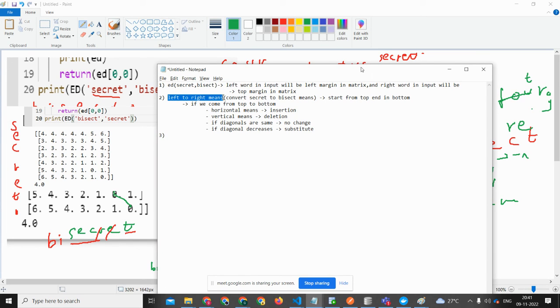So left to right, converting the left word to the right word. Like I'm just referring to the previous one also, secret to bisect means start from the top and end at the bottom while traversing. I'll mention that also.